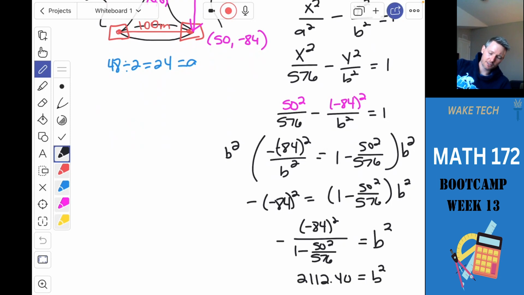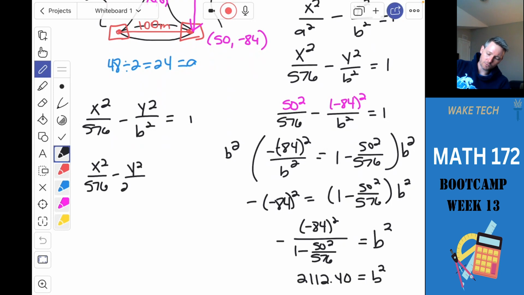The equation we're trying to create has b squared in it, and b squared is what we already have, so there's no reason to square root to get b, just to square it back to get b squared. So our equation is x squared over 576 minus y squared over 2112.4 equals 1.